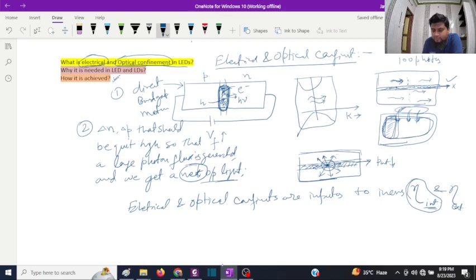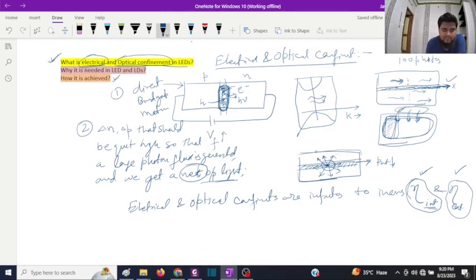That consumption probability is very low, and once the photon has been generated, we should guide it so that we get a net optical output, so eta external. This is related to how to increase the quantum efficiencies of LEDs or laser diodes. I hope I have answered these first two questions.